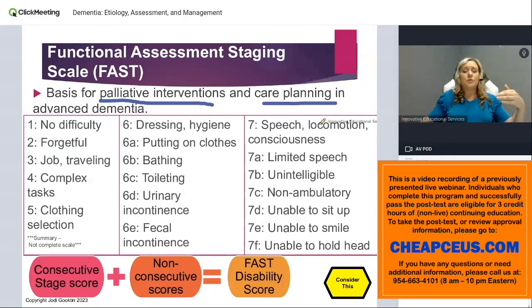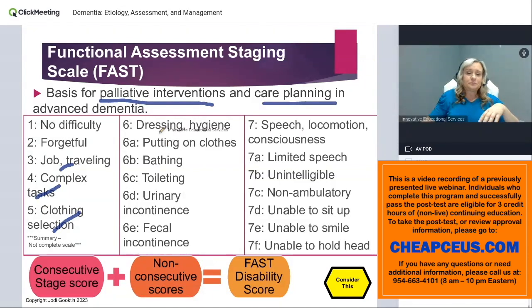The way you're going to score it is you're going to look at the individual's ability to function, and you look at the highest consecutive level. Let's say the individual is unable to work, can't do complex tasks, and when they dress themselves, they're layering their clothes.